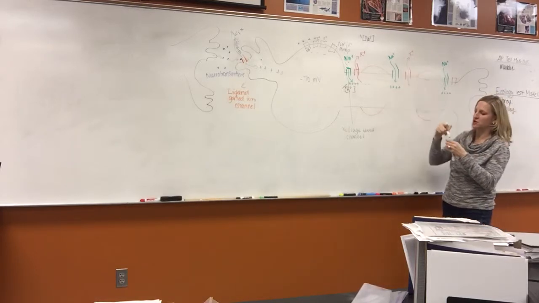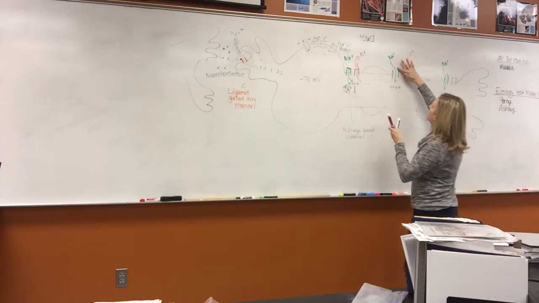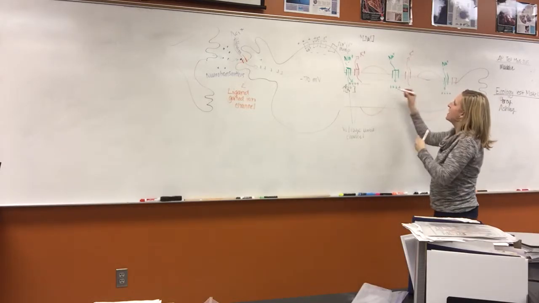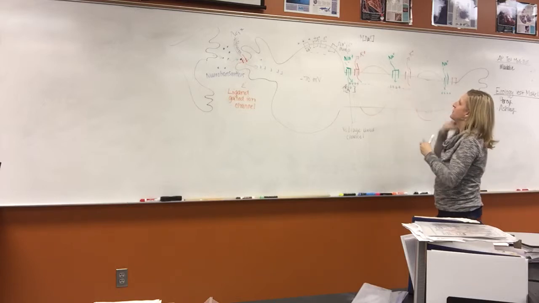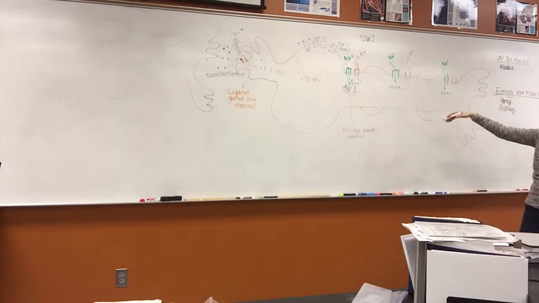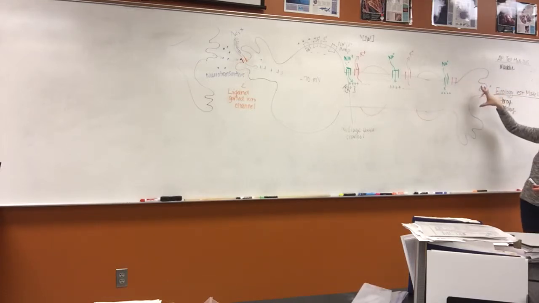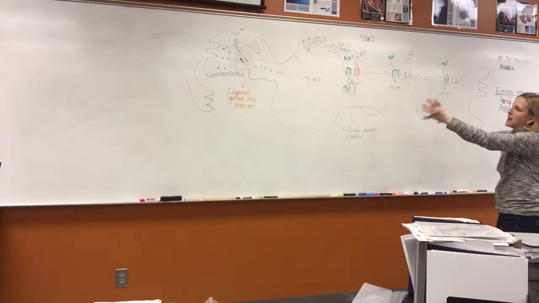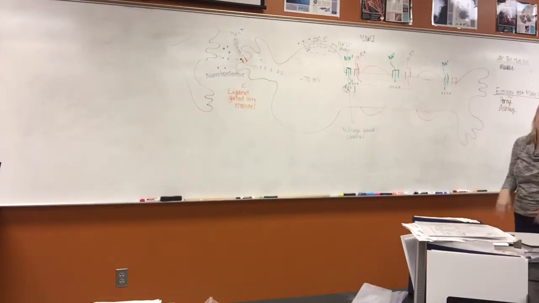Sodium shuts. And the inside of the cell goes from positive back to negative and goes back to normal. And so this continues at every single node down this long axon until it gets to the end, which we'll talk about in a little bit. So that's what happens from stimulus, how the stimulus triggers these changes, and how that signal moves down the axon.